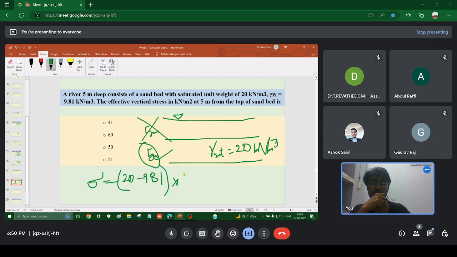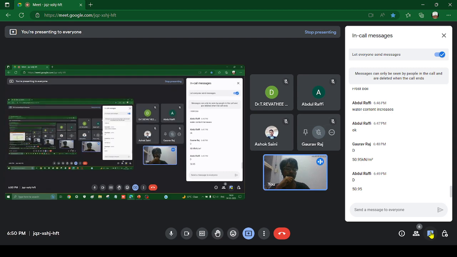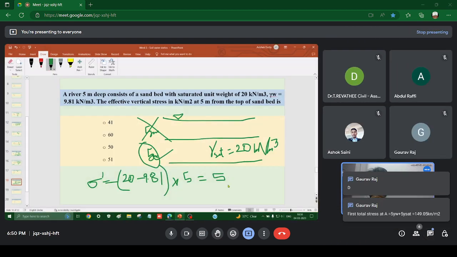What is the answer? Yes, I believe 20 minus 10, 5 into 10, it will be 50. You're getting 50.95, right? So you can just round it off and say it is 51.